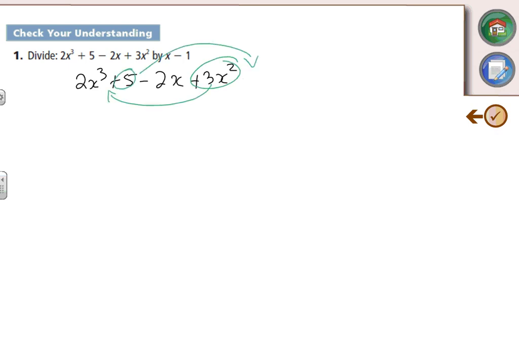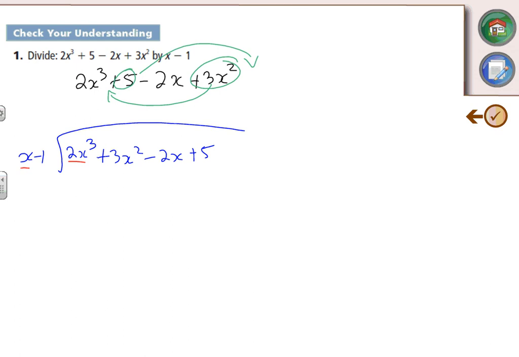This has got to go back over there. So we're going to rewrite that. Let's actually do it in the correct order. 2x cubed plus 3x squared minus 2x plus 5. There we go. We're going to divide that by x minus 1.